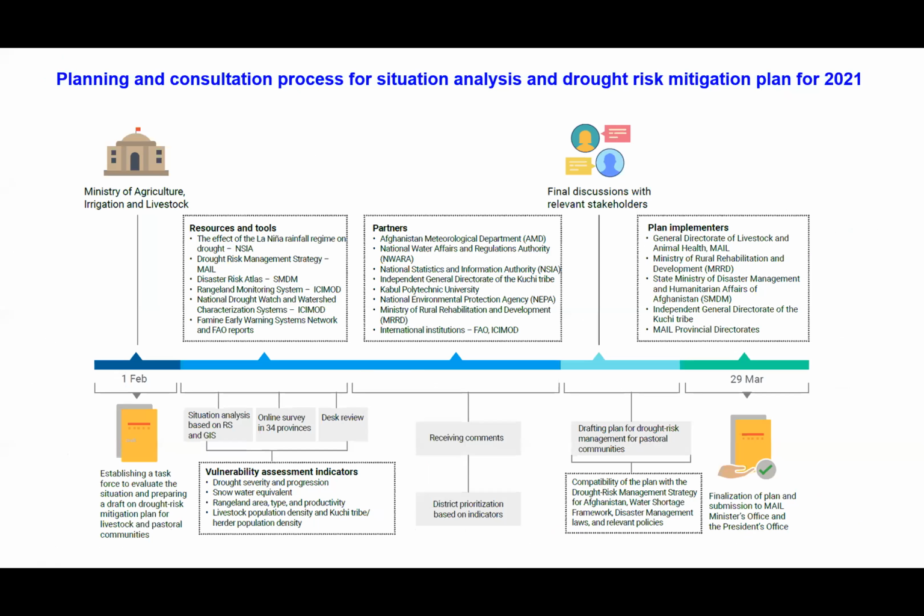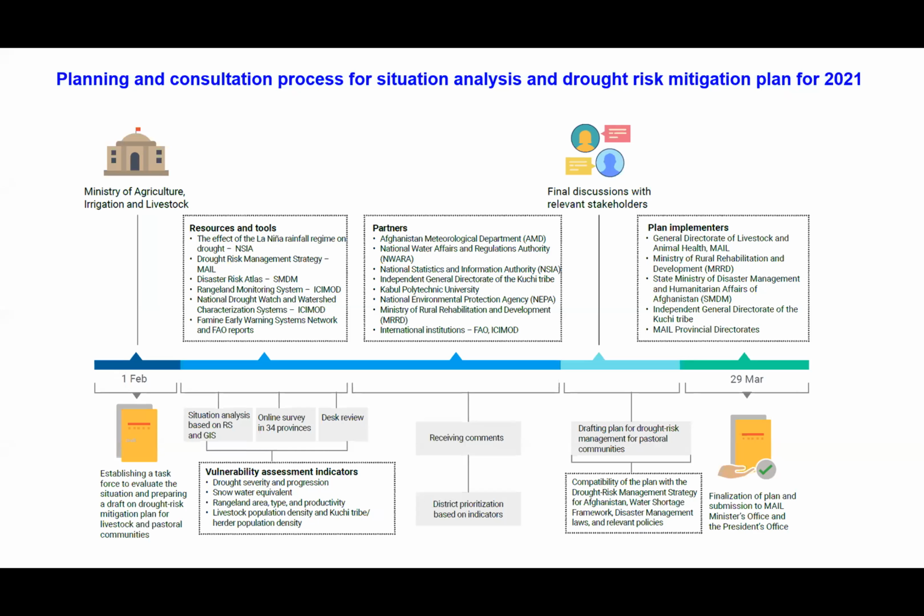Through our drought outlook system, we initiated an early warning in October that it was likely to be a dry year in Afghanistan. As I mentioned earlier, all these drought patterns are driven by Earth system and climate dynamics.